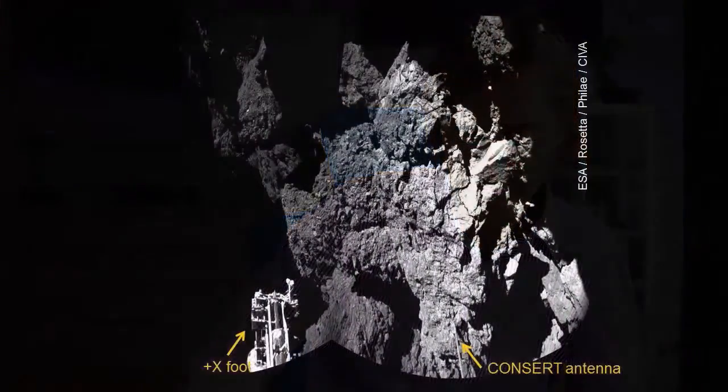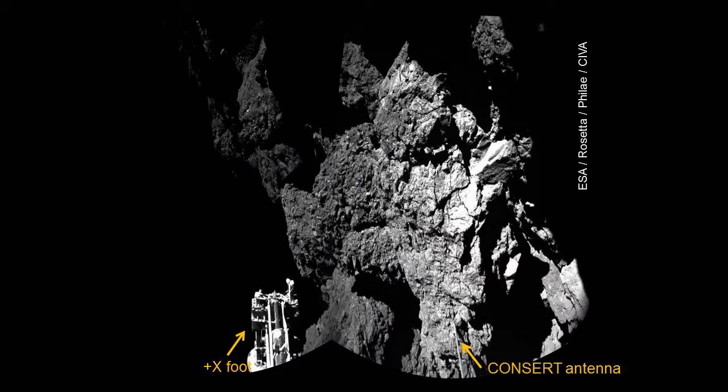But we were of course hoping to also have a bit of extended lander time at a later stage at the comet. Here we see the image of the panoramic camera of the final landing site, where we see the lander in a very rocky surrounding.